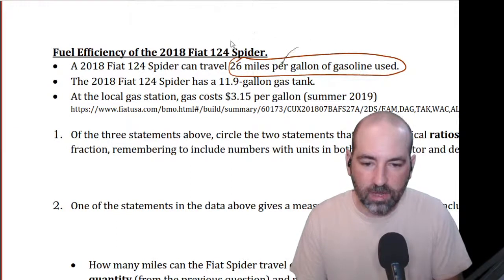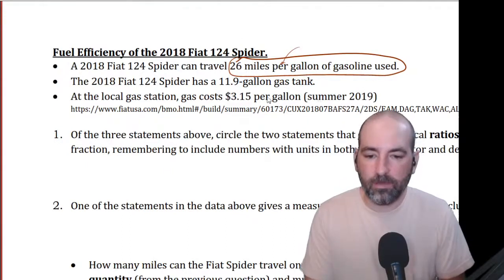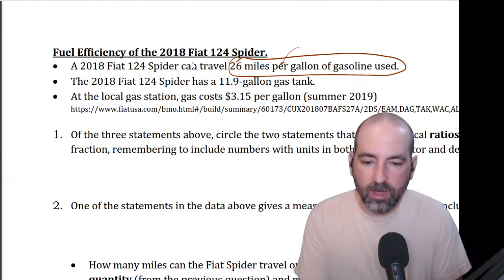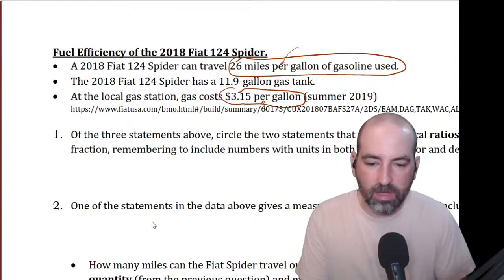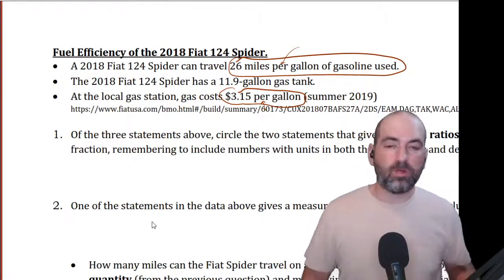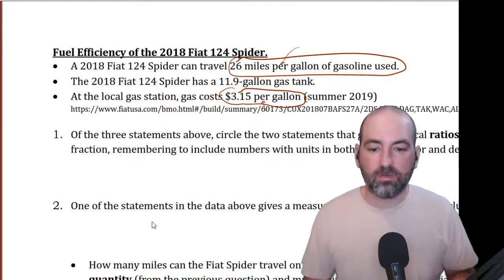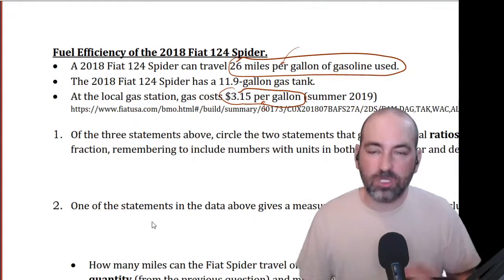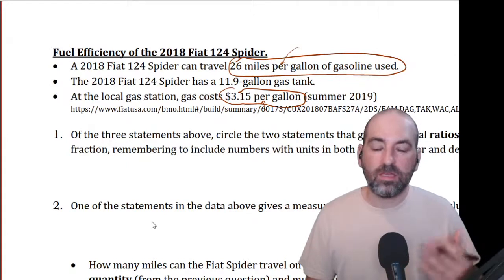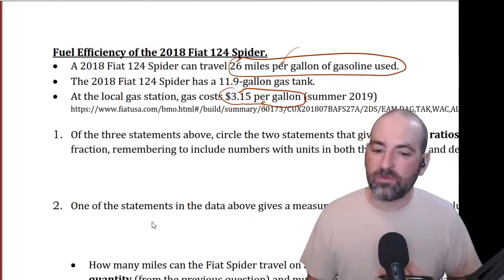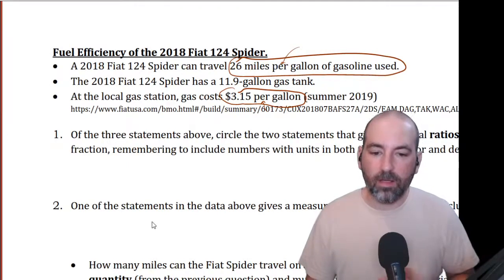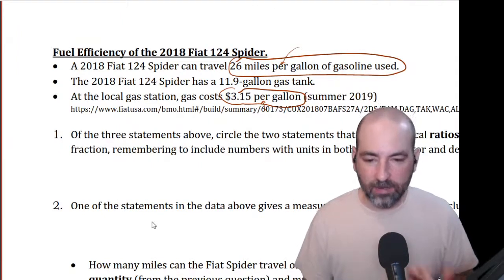You can see the keyword per here. And it's also going to be the cost, $3.15 per gallon. There's that per again. There are some other words and phrases that can mean the same thing. It could have said for each, or each gallon costs $3.15, or each gallon of gasoline can take the car 26 miles.